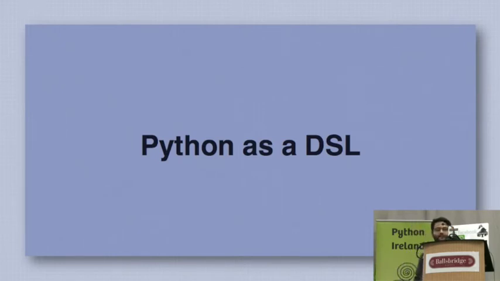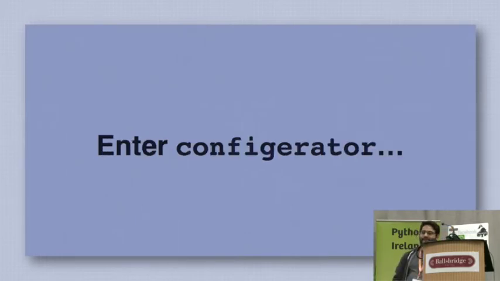The system we use for making configuration for applications at Facebook is called Configurator. It's basically a system to manage configurations that are usually smaller than 1 megabyte and don't change very often, like a few times a day.